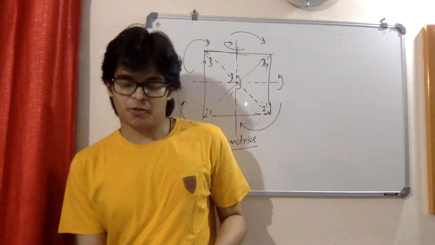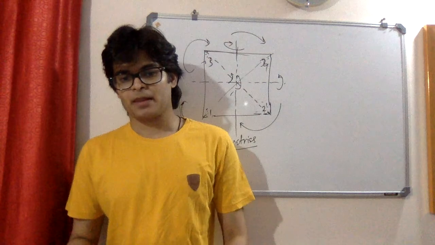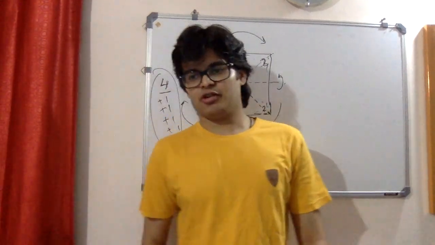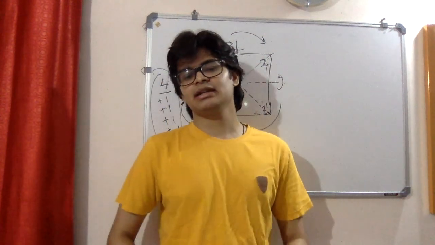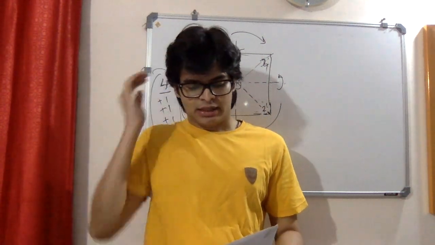So every polyhedron has an associated symmetry group with it. Now it has a much more general form which we will be dealing with later in this lecture series.